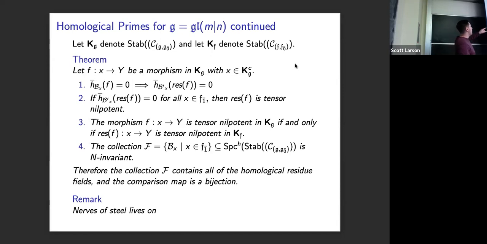First of all, if you look at H bar B of X, the homological prime corresponding to an element X when you consider restriction from G, if that is 0, then of course the restriction to F, when you hit it with the homological prime that you get when you restrict from F, that same X is going to be 0. So that's not too hard.